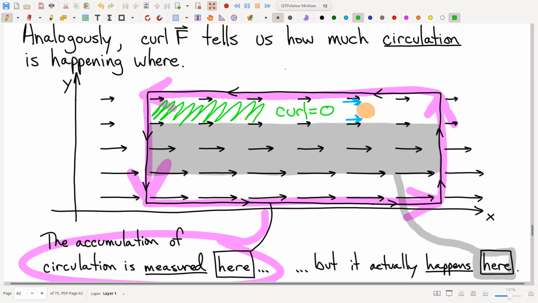And something very similar happens down here. Now the big difference is these field vectors are longer. So there is of course a greater flow, so it's getting pushed harder on its top side and harder on its bottom side, but it's still being pushed the same on both sides, right?